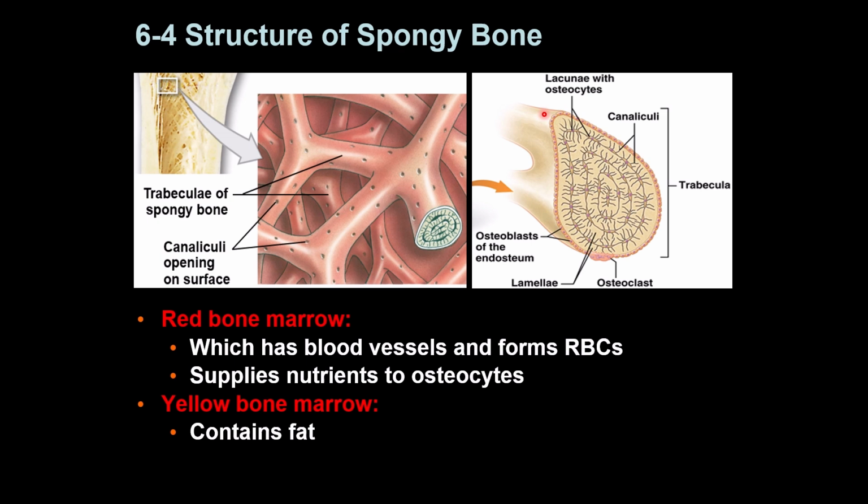These trabeculae, which means the network, are covered by a type of tissue, and this is called endosteum. So this whole thing is here, this one. If you cut one of these, it looks like this.